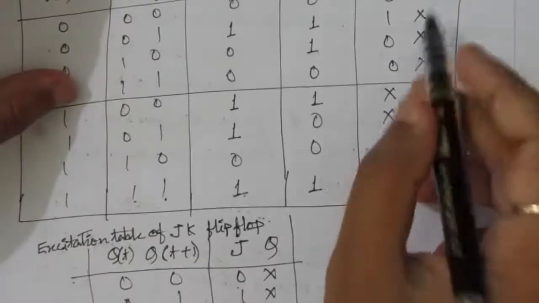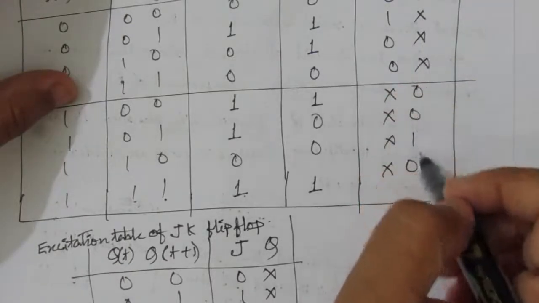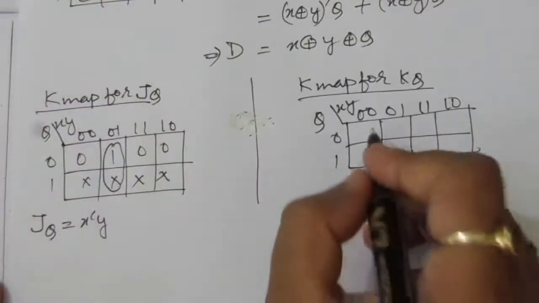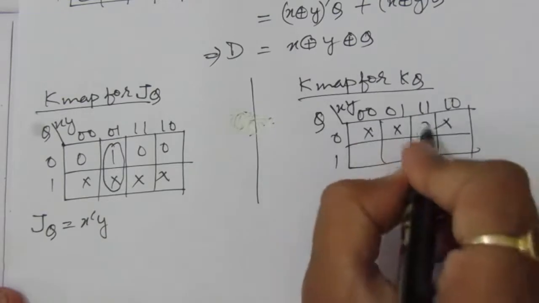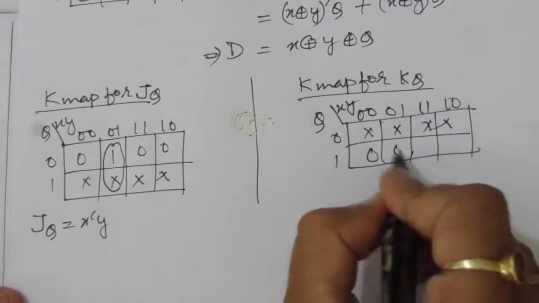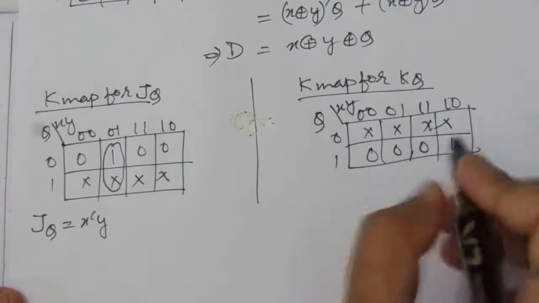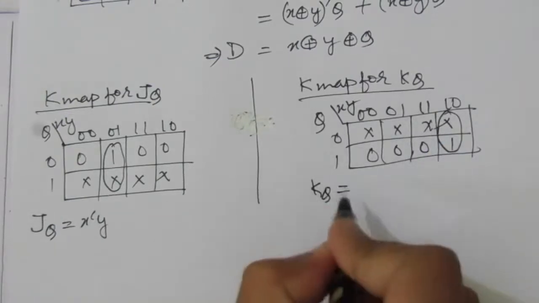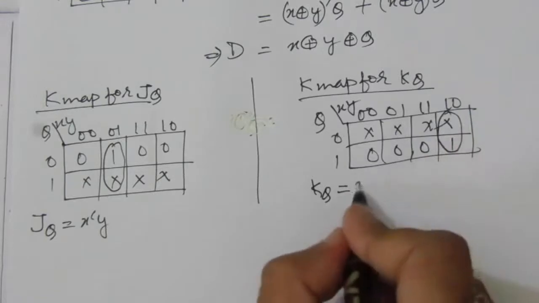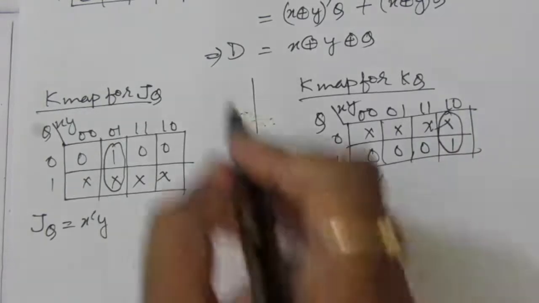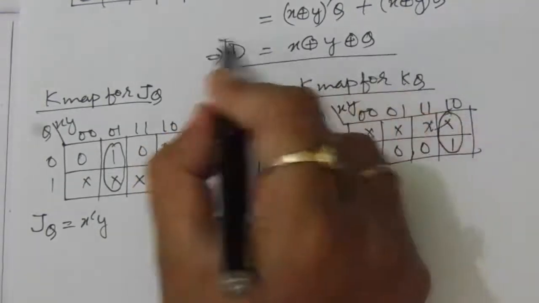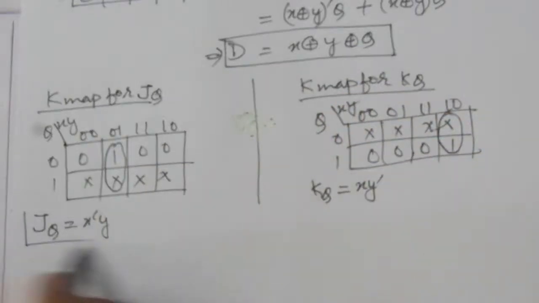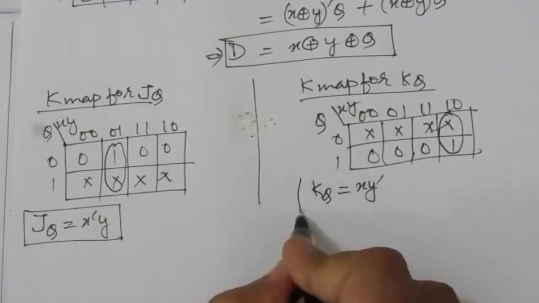So KQ value is don't care, don't care, don't care, 0 0 1 0. Don't care, don't care, don't care, don't care, 0 0 1 0. So we can combine like this. Therefore KQ is equal to x y bar. So we have got the expressions for this difference, this JQ and KQ.